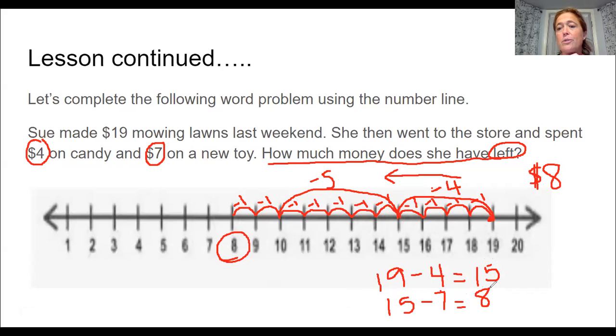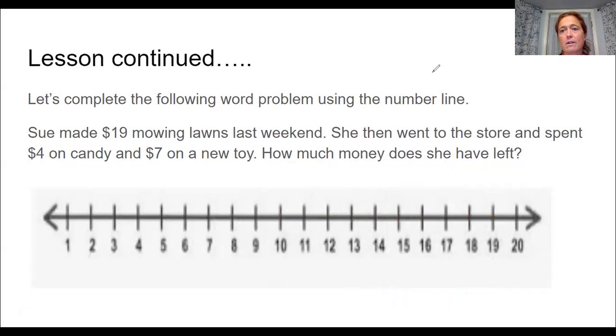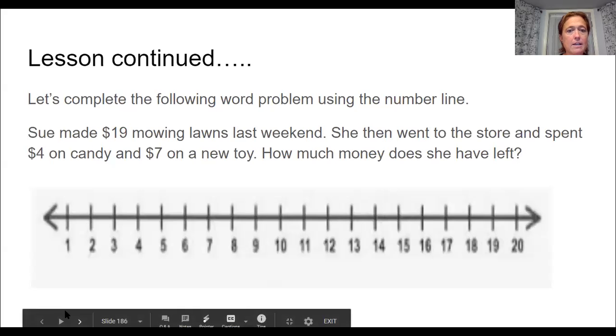Okay? So that's how we use a numbered number line. I know we've used open number lines a lot, but this is using a numbered number line. All right. So let me get my mouse back so we can go to the next slide.